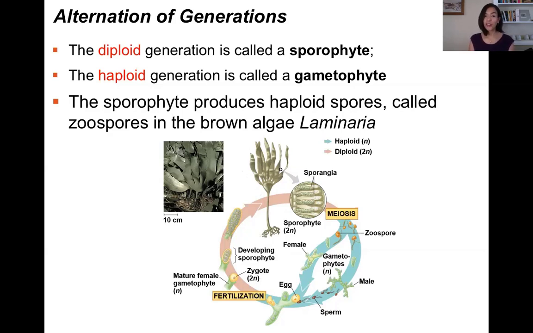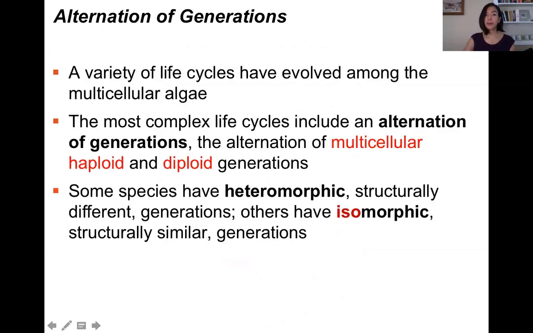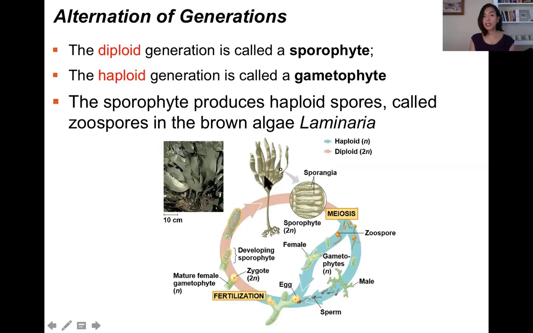I want to ask you, does this multicellular individual look identical or similar to these multicellular haploid individuals? I hope that you say no, because they are different. So in that case, we are talking about a heteromorphic cycle, right? If these structures were similar, the diploid and the haploid multicellular structures, we would have an isomorphic species. But this one, Laminaria, is actually heteromorphic.